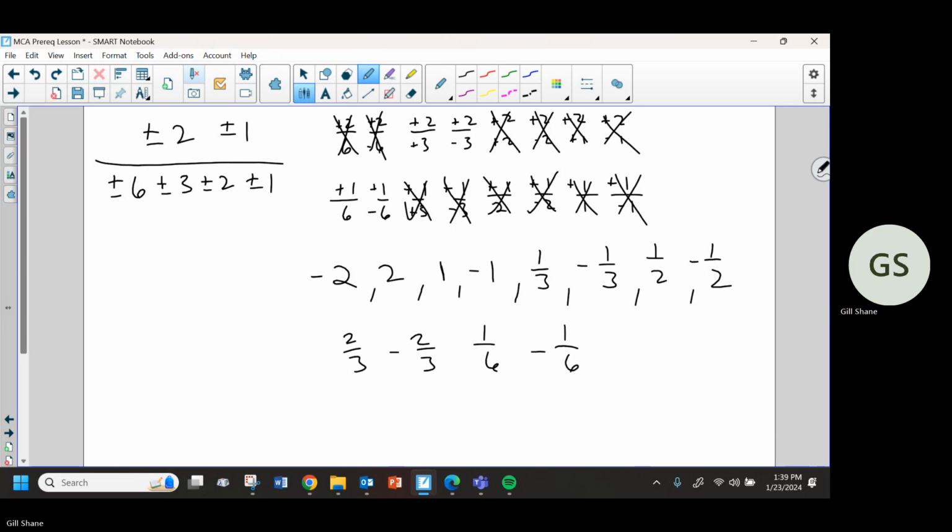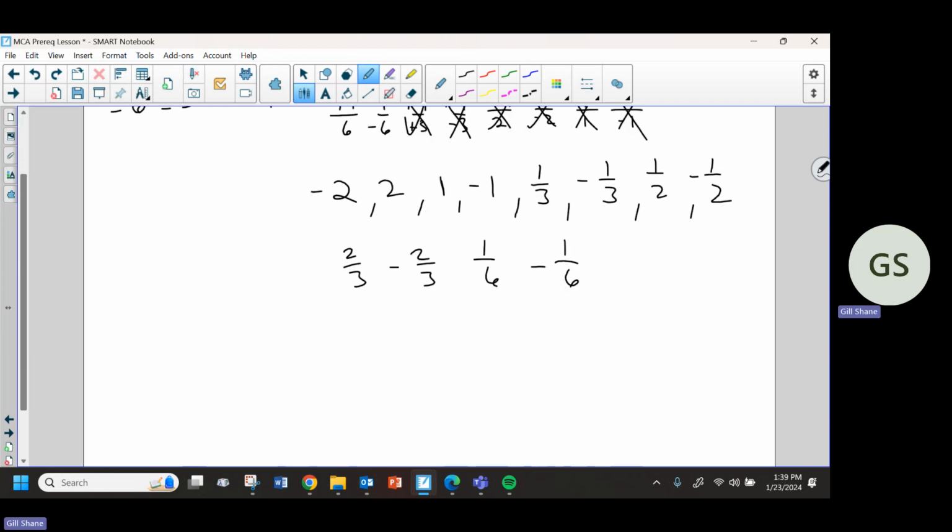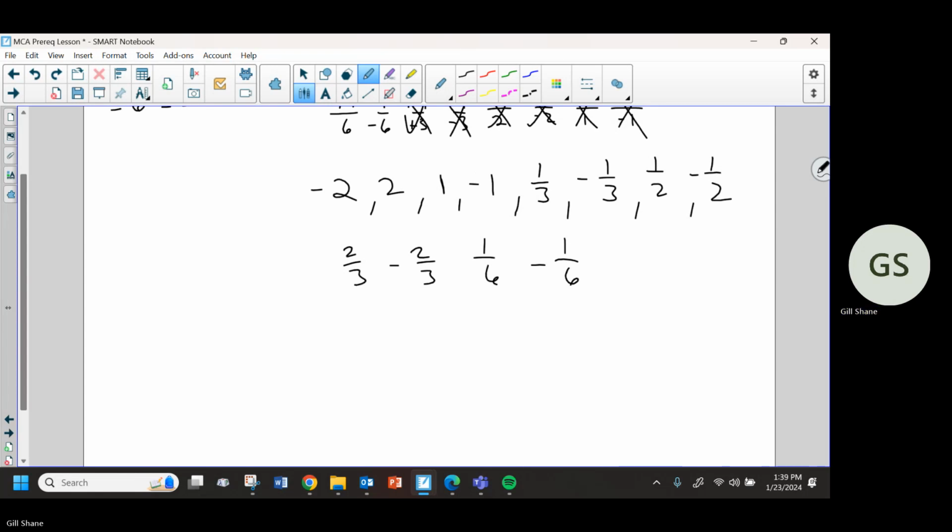All right. We got a bunch of possible rational zeros. So now, give me the... What's the equation? 6x cubed.